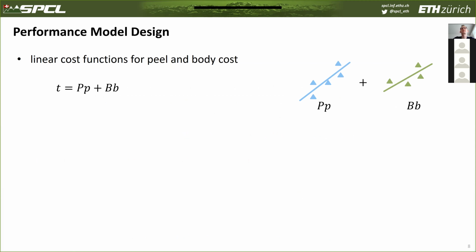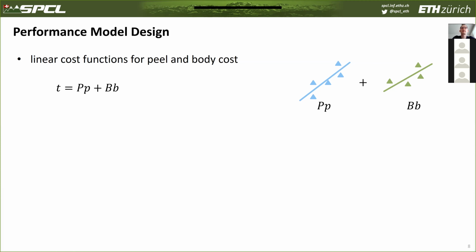Because we want to feed everything into an ILP, we need to have the performance model in a linear form, so we choose a very simple model which has a peel component, which is uppercase P times lowercase p, and the body component, which is uppercase B times lowercase b.